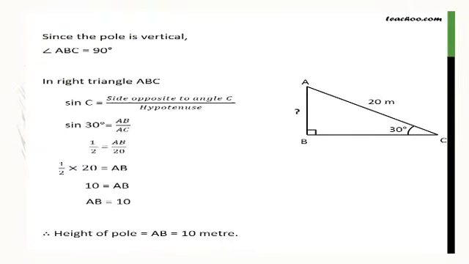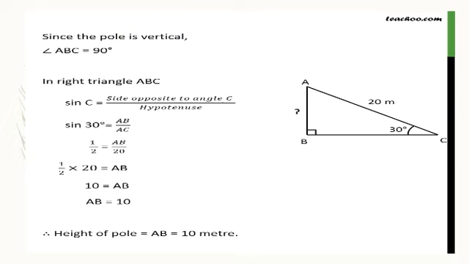So it is clear, it is like a triangle ABC. In the triangle ABC, angle B is 90 degree, angle C is 30 degree, and angle A is as usual 60 degree. That we don't want here. What we have to do, we have to calculate height of the pole.